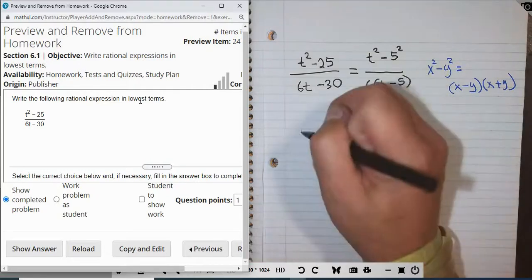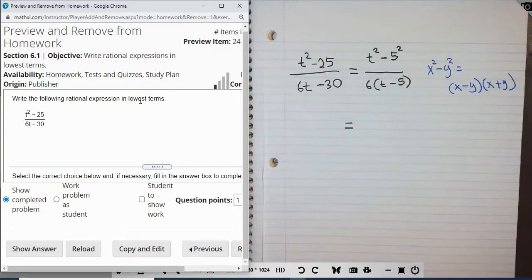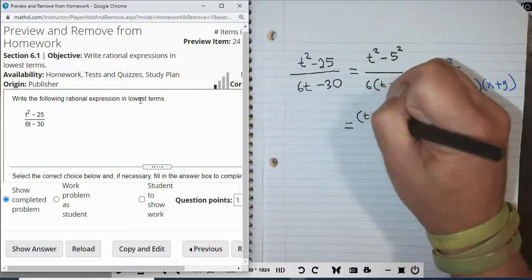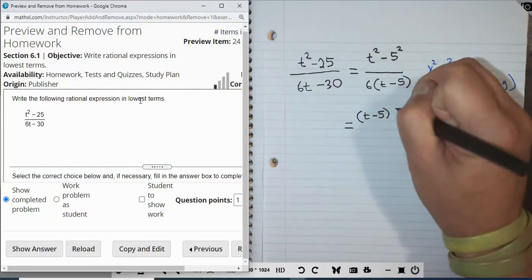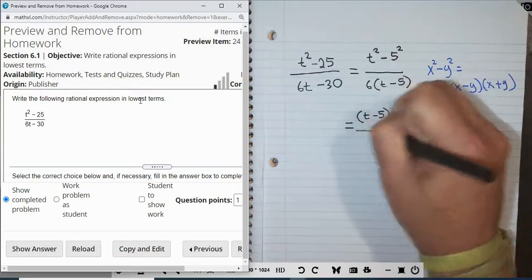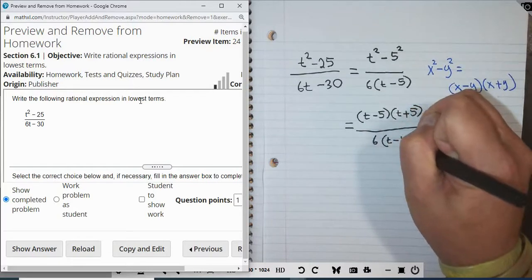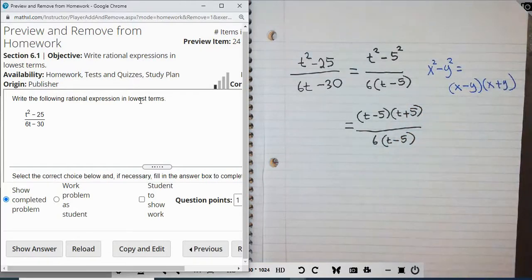So let's go on to our next step, which would be to factor that numerator. And as we said, that would be t minus 5 times t plus 5, right? And we'll keep what we have in the denominator, 6 times t minus 5, all right?